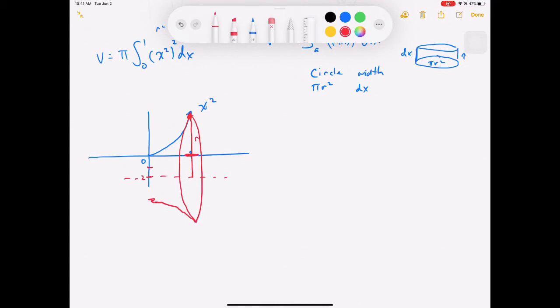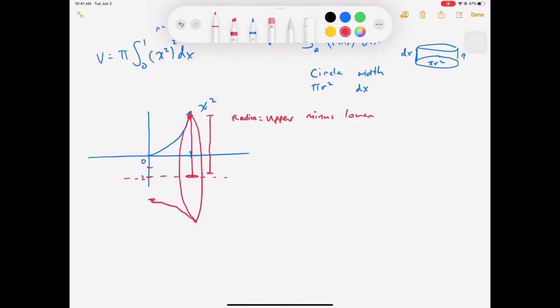That was my r. But now we've extended that down, so my radius is actually from here to here now. So we have an easy way to figure out what my new radius is. We use upper minus lower, or top minus bottom. Upper minus lower, and this is our radius idea.